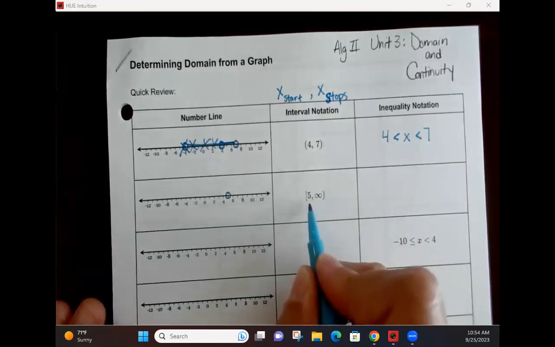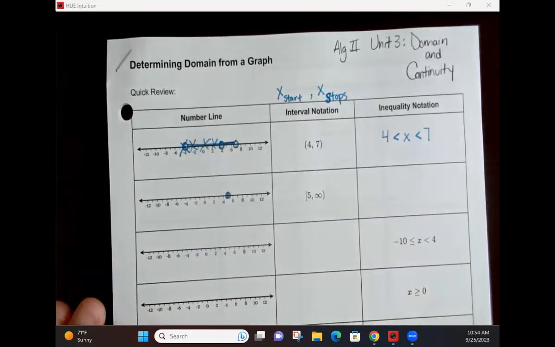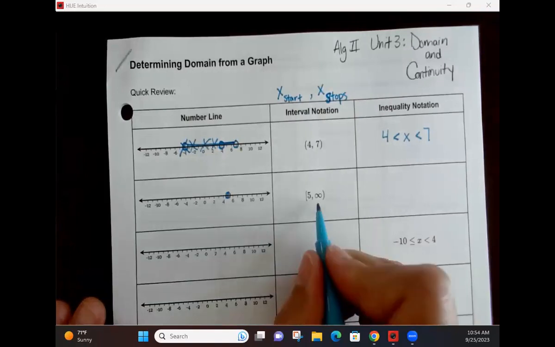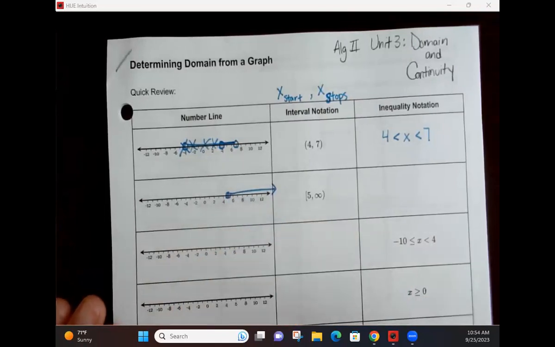For our second example, at 5, since I have a bracket, I'm going to fill this circle in. And then this is until infinity. So that means for the whole rest of my number line, all of those values are included forever.